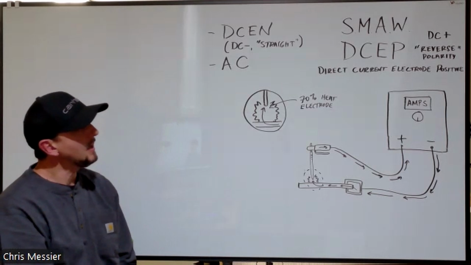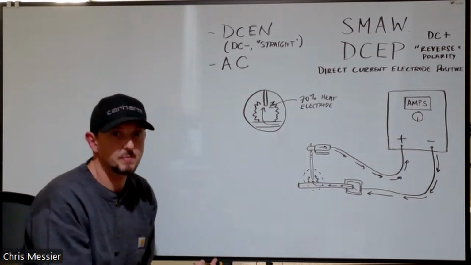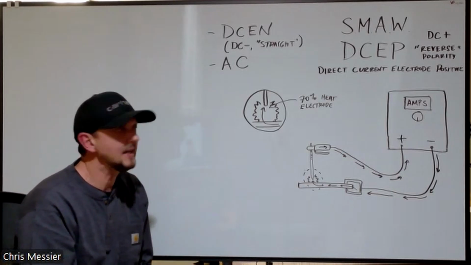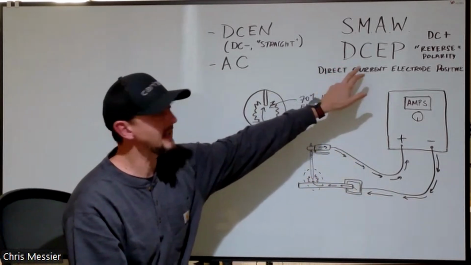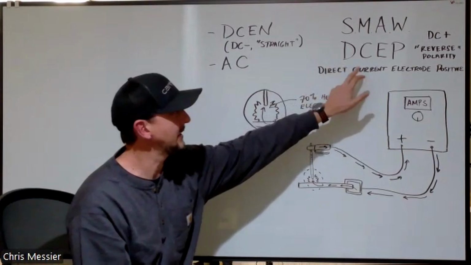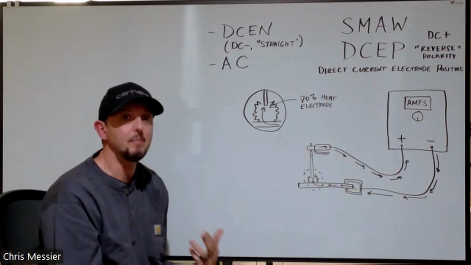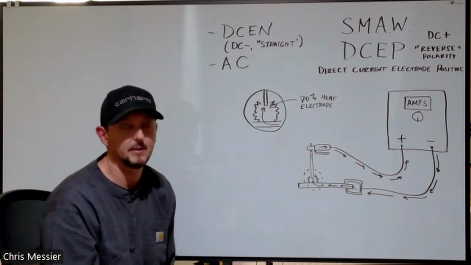Okay. So we're going to talk about DCEP, which is also known as reverse polarity. That's kind of the more old school way of saying it. The nice thing about these acronyms is that they tell us right in the name, direct current electrode positive, how to hook up our leads in order to have the proper polarity.